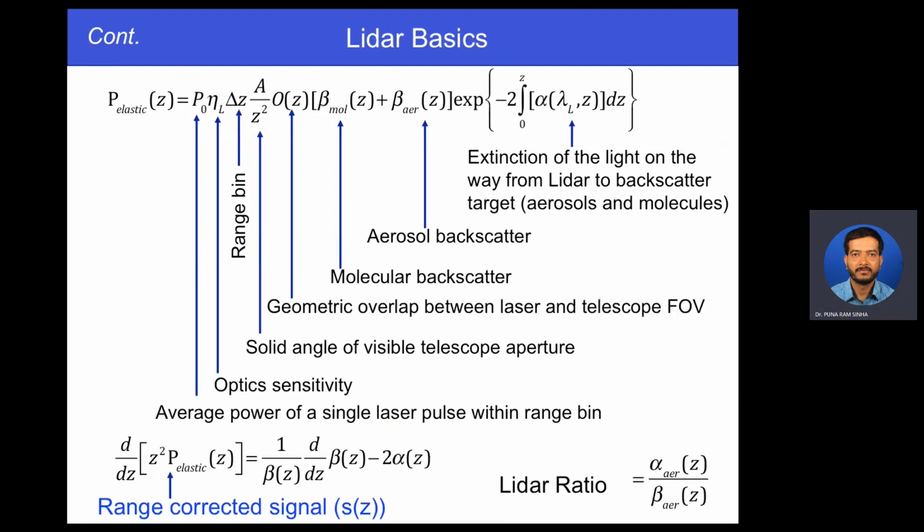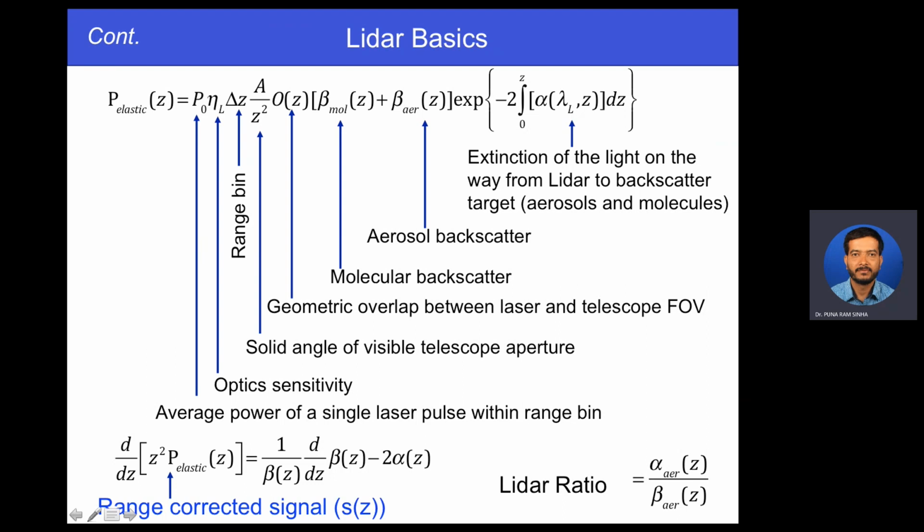Now I'll go back to this equation. If you look at this equation very carefully, I can rewrite the z squared term and take the log of this. Then on the right hand side, because a lot of constants are there, if you differentiate with respect to z, most of the constant terms will vanish, and you will get this equation.